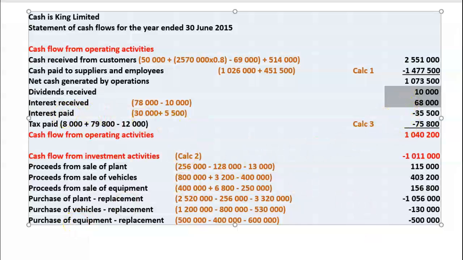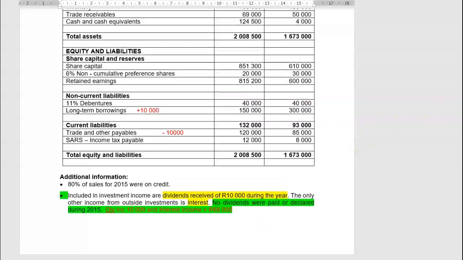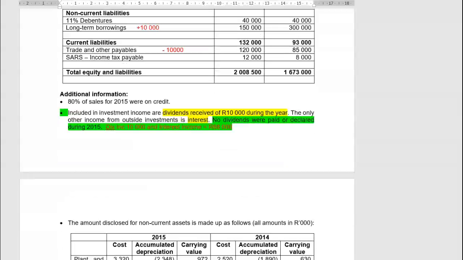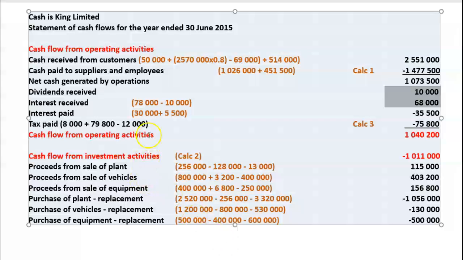Then interest paid. Let's have a look here. Interest on the long-term loan was 30,000 Rand. But what about our interest on our debentures? That is 11% on 40,000 Rand. So what do we have to do with that one?